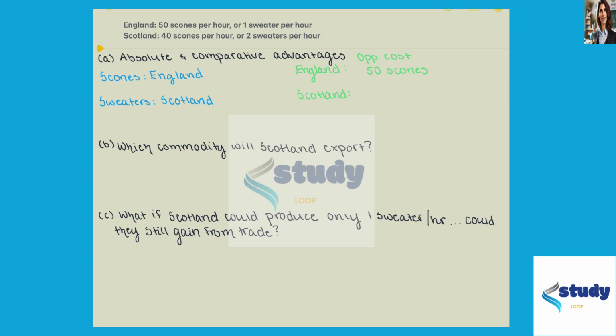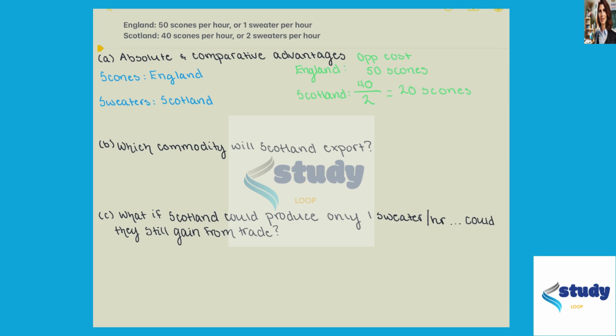So in those 30 minutes, how many scones could they have made? Well, 30 minutes is half of an hour, so those 40 scones that they can make in 1 hour need to be divided in half. We could also look at this as the 40 scones that they can make per hour divided by those 2 sweaters they can make in an hour, which gives us the opportunity cost of 20 scones.